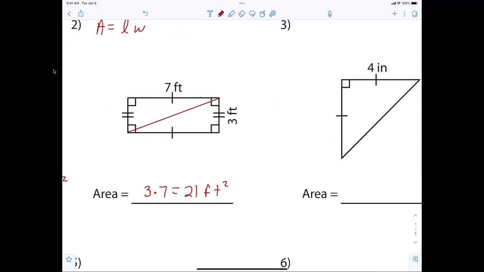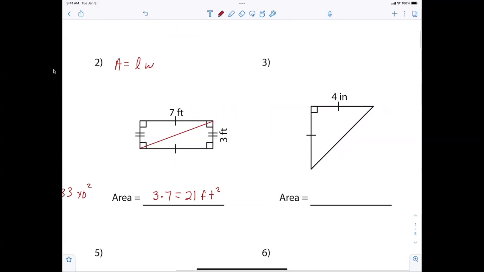Is everybody with me on that? So if the rectangle is length times width, then the area of a triangle would just be half the length times width. But we don't call it length and width for a triangle. We call it what? Yeah, so it's just 1/2 base times height.